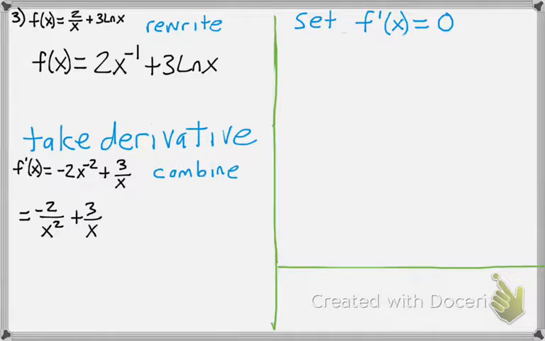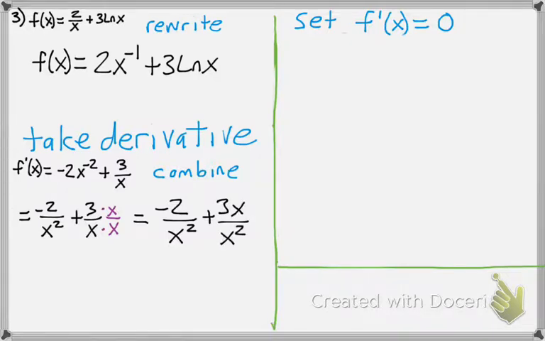So these are two fractions here. How I would combine them is I need to get an LCD. So I would need to multiply the second fraction by x over x to get an x squared on both. So then my problem would be equal to negative 2 over x squared plus 3x over x squared.